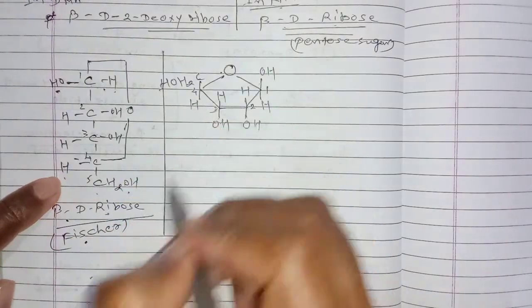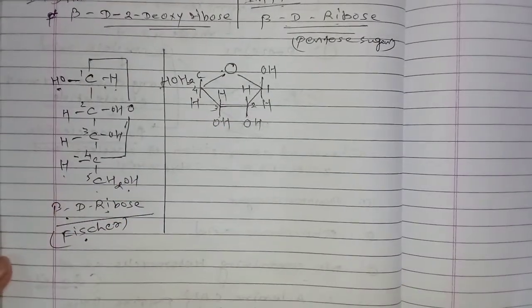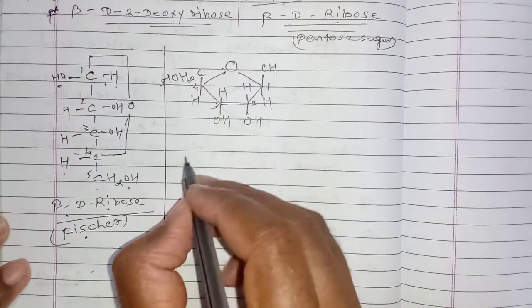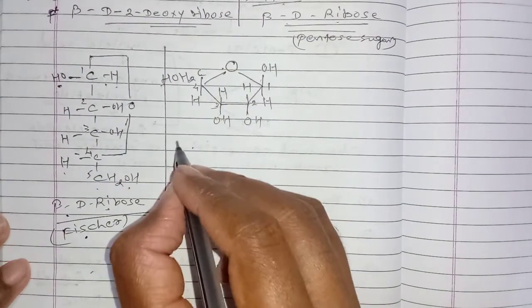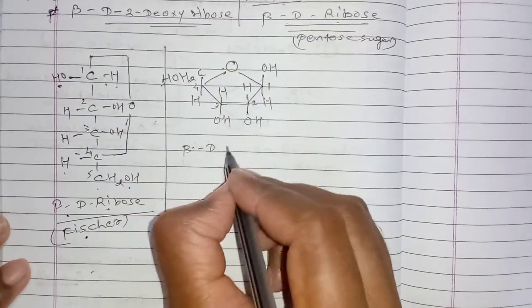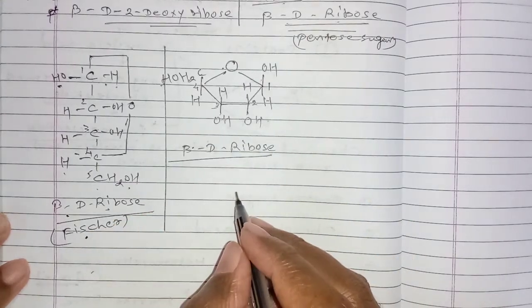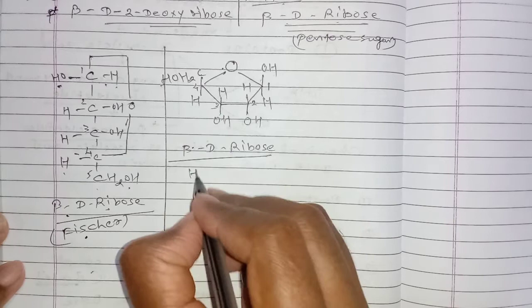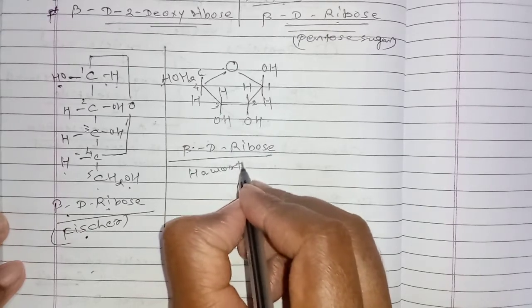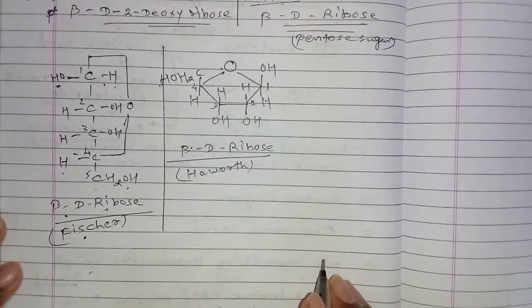Okay, this is the structure of beta D ribose, and it is the Haworth projection.